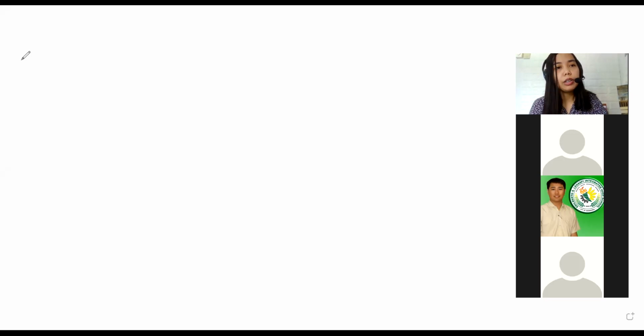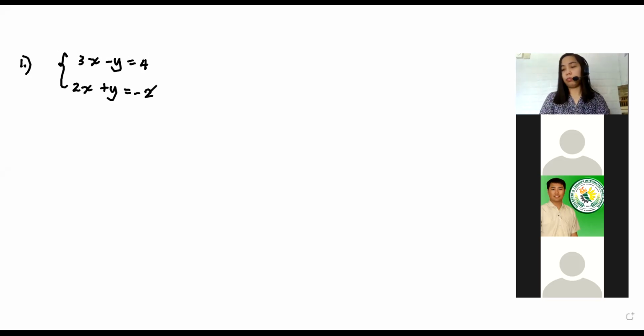Okay, so let's have an example for 2 by 2. Find the solution to the system 3x minus y equals 4 and 2x plus y equals negative 2. As I said earlier, we need to check if the given system is in standard form.